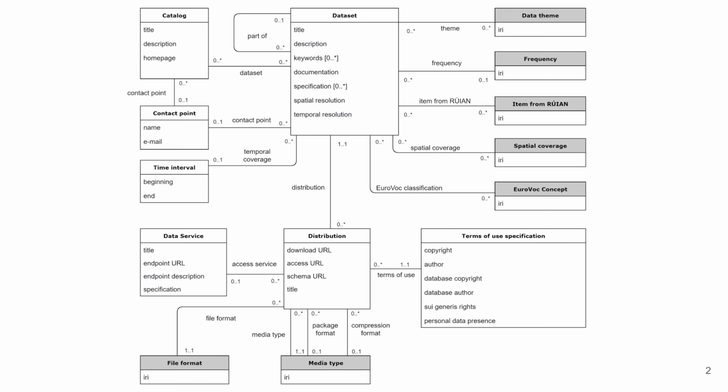We have seen this diagram before. It is from our first lecture when I showed you something about conceptual modeling. We created this diagram basically to be able to communicate with various stakeholders about what is and what is not in the data we will talk about.